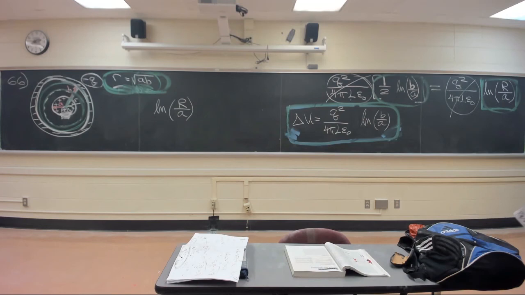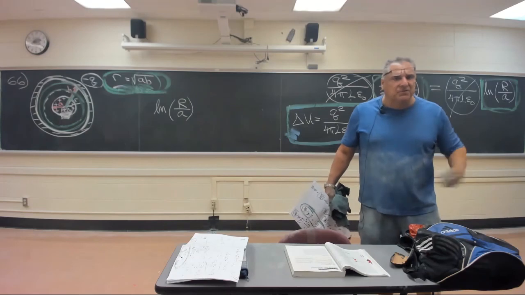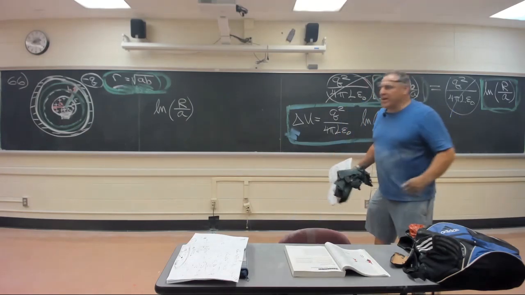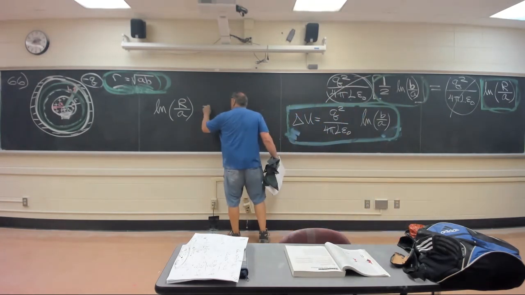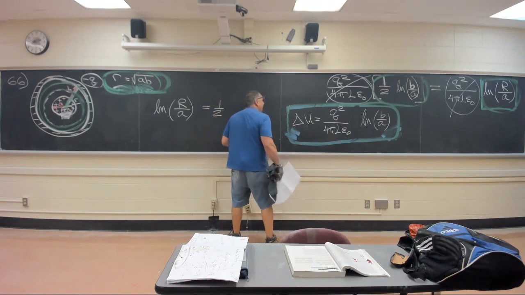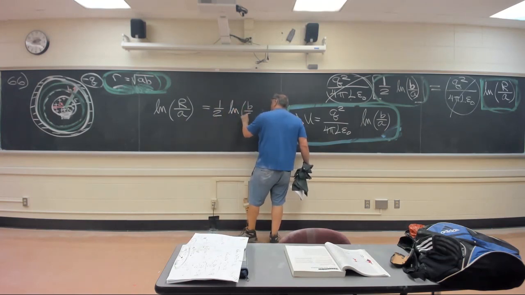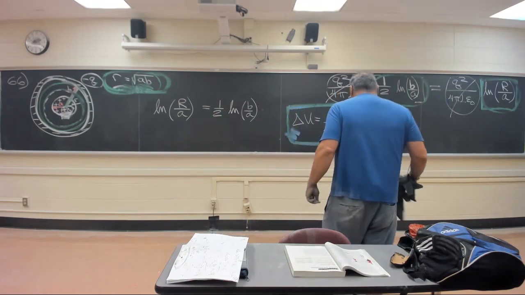Well, the integral of 1 over R dr is ln R evaluated between A and capital R. That's ln capital R minus ln A, which is the difference of two logarithms, the logarithm of the ratio. ln of the ratio, capital R over A, equals 1/2 ln B over A.